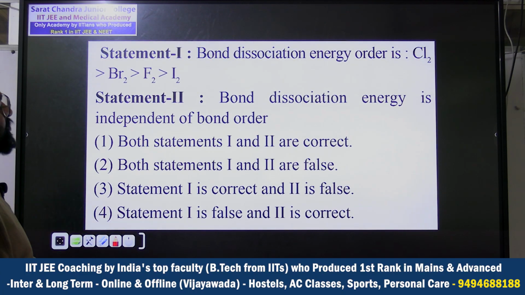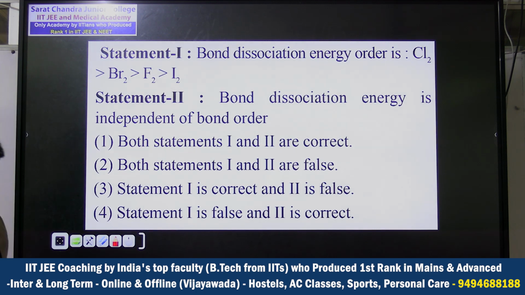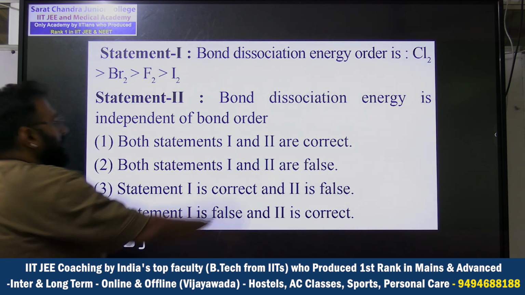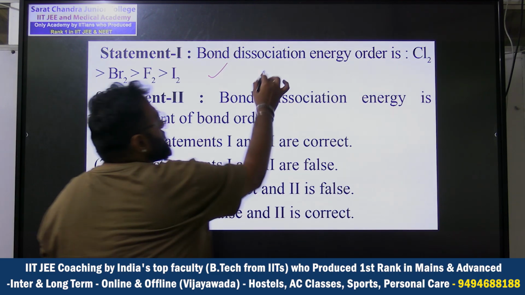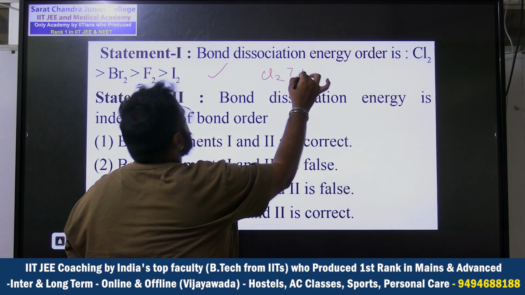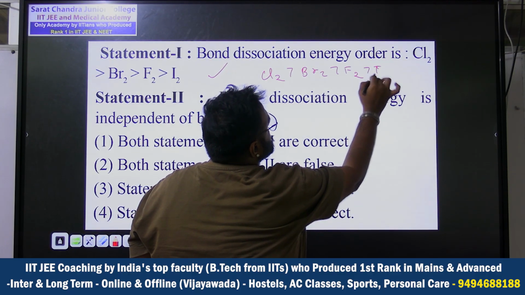Now next, bond dissociation energy order is Cl2, Br2, F2, I2. Bond dissociation energy is independent of bond order. Statement 1 is correct, that is, the bond energy order is this. This is a special case.